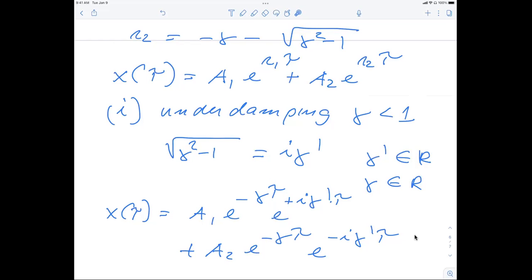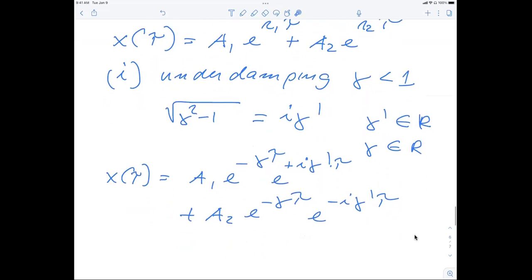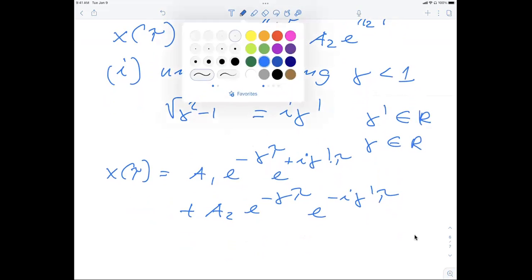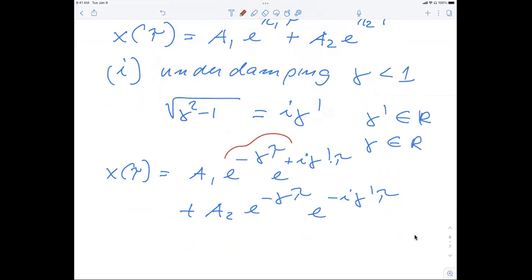So it means that what we have, and let me single these terms out, let's bring in some colors. So we have this term here. These are going to be the damping terms. And you see now that the damping is governed by gamma. That's why we call gamma a damping constant, because the size of gamma tells us how quickly this will die out. So if gamma is a small number, this is going to oscillate for quite some time.